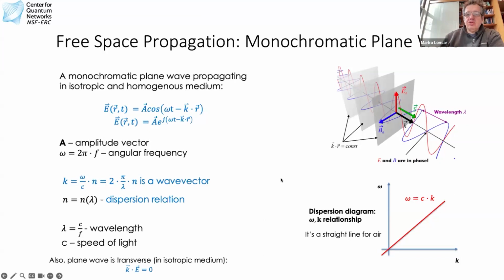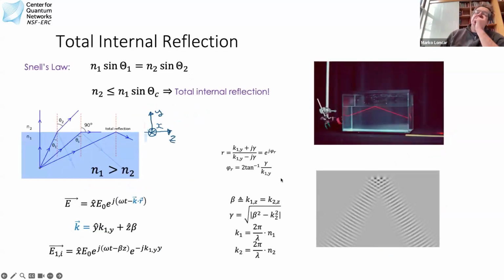So nothing unusual here. Now what happens when a wave is incident on a boundary? Maybe you've seen this when you're swimming in a swimming pool. If you look at an angle to the surface between water and air, you may see the bottom of the pool. Essentially, light can bounce off the interface between water and air, as shown in this little example.